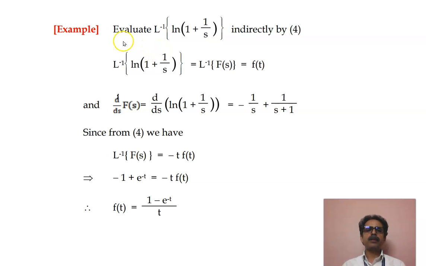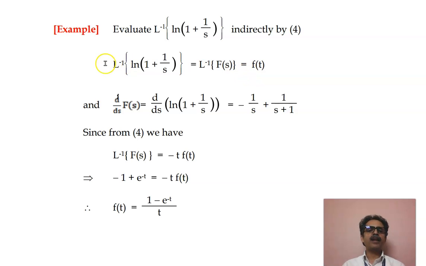The example is here: evaluate the inverse Laplace transform, that is L inverse of ln, that is log of 1 plus 1 upon s, indirectly by using equation 4. So what we will do first, we assume that L inverse of ln of 1 plus 1 upon s is equal to small f of t, and this is nothing but L inverse of capital F of s.